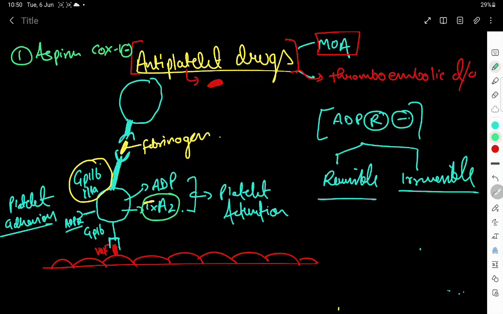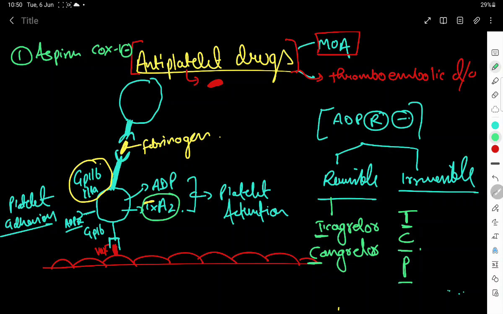Okay, so the reversible ones include two, that are ticagrelor and cangrelor, whereas the irreversible ones include three, which can be remembered by T, C and P. So in reversible we had TC, here we have TCP, that is ticlopidine, clopidogrel and prasugrel.